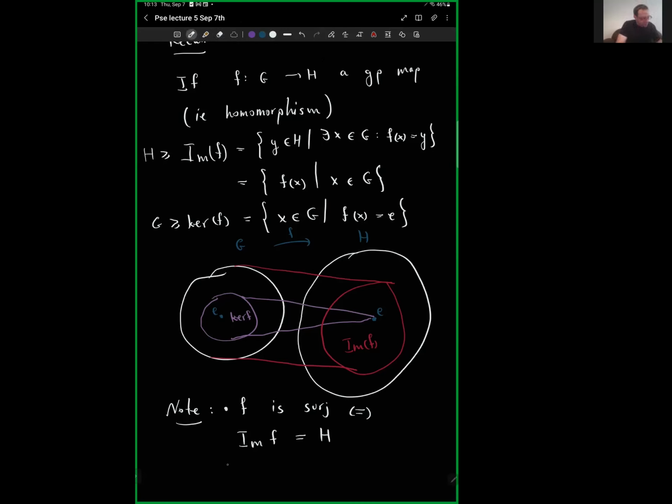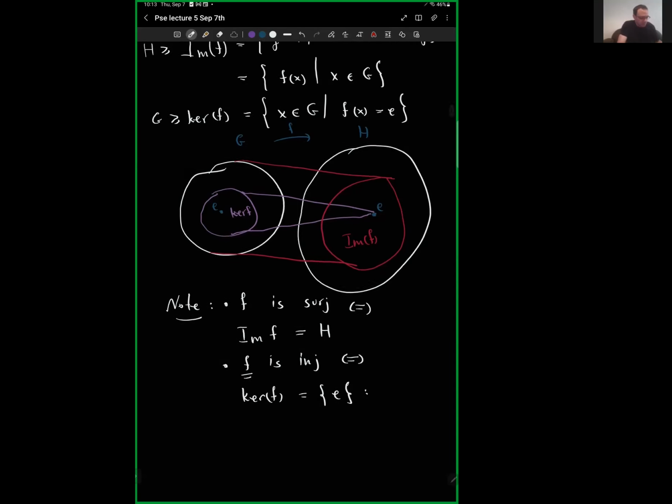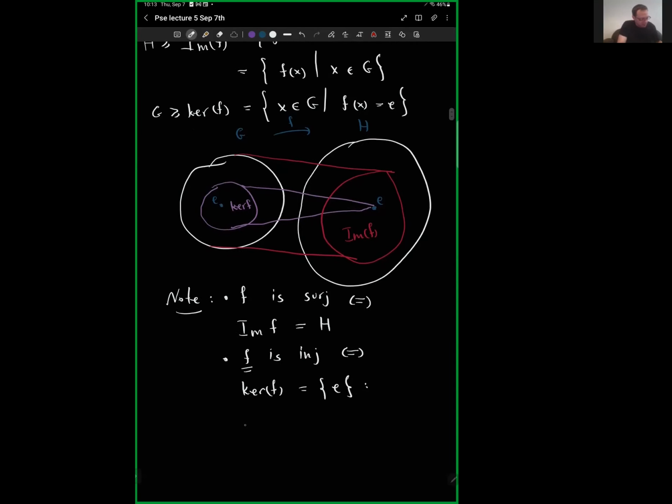And dually, F is injective if and only if kernel of F is the trivial subgroup. This requires a bit of justification because it does use the fact that F is a homomorphism. But how do we see this?